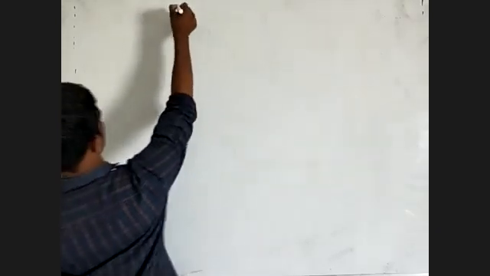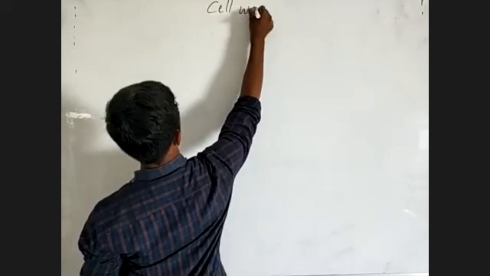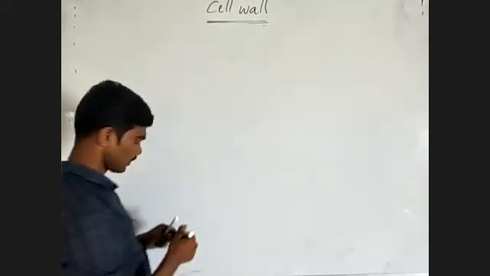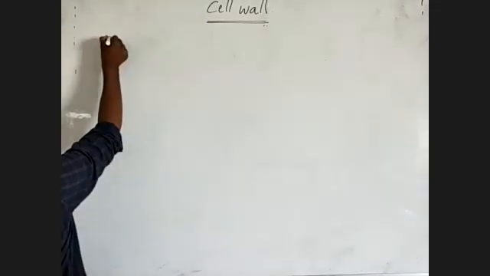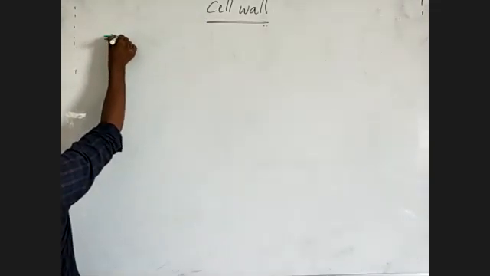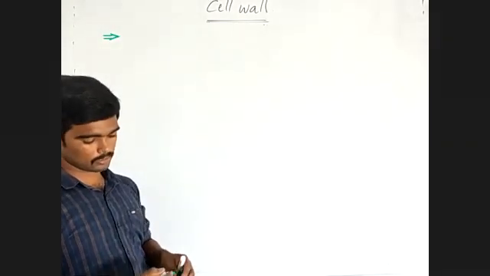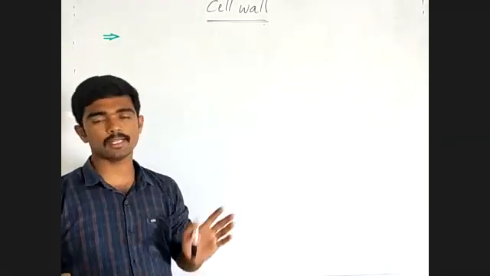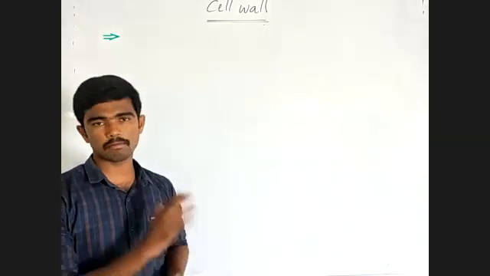Next, another one: cell wall. Another layer, the cell wall, is present only in plants. In all cells, the plasma membrane is present.